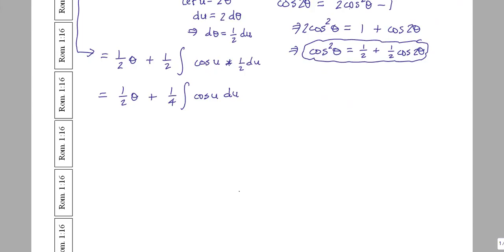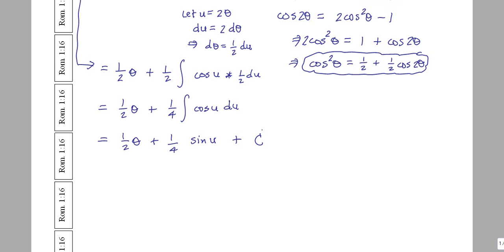Alright, we're almost there. And then we're going to find that this is equal to a half of theta plus a quarter of the integral of cos u du, which is sine u, plus we pick up some constant of integration. And we said that u is 2 theta.